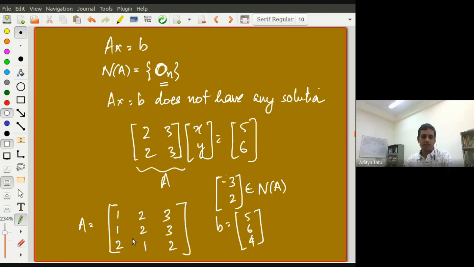So why do you think the null space contains only the zero vector? No, the null space will have infinitely many elements for this matrix. So this is not the right example.